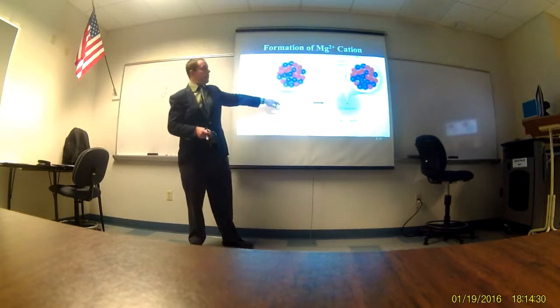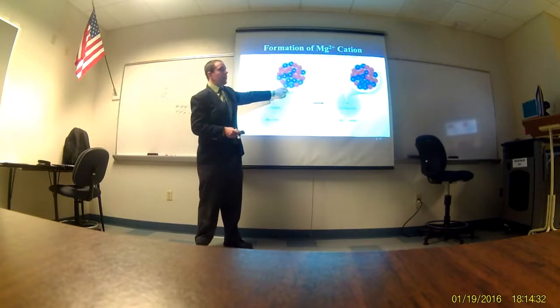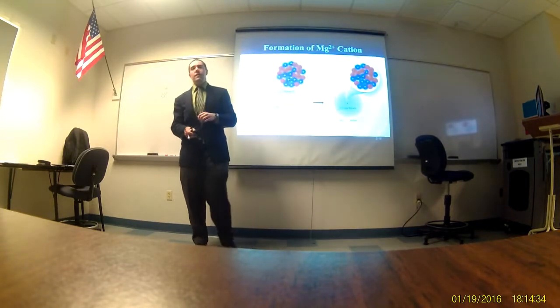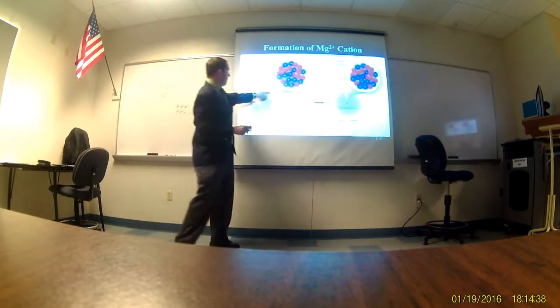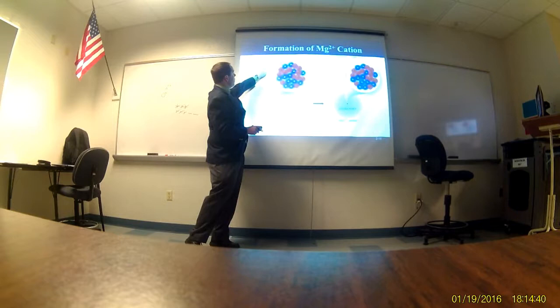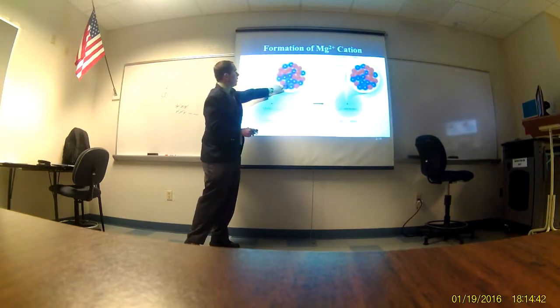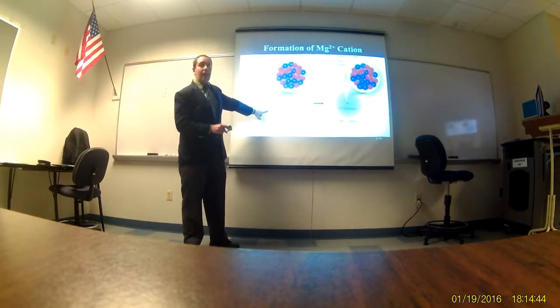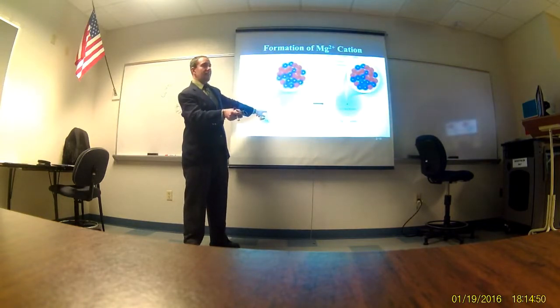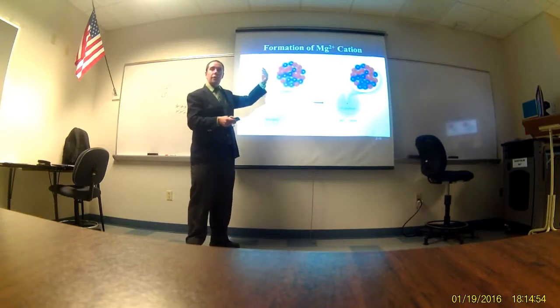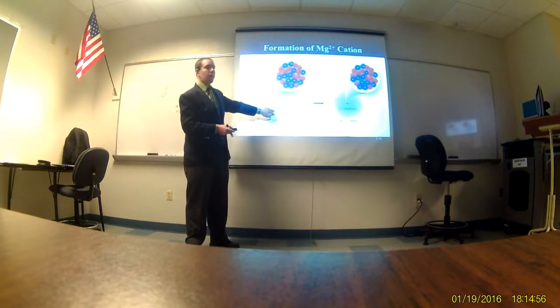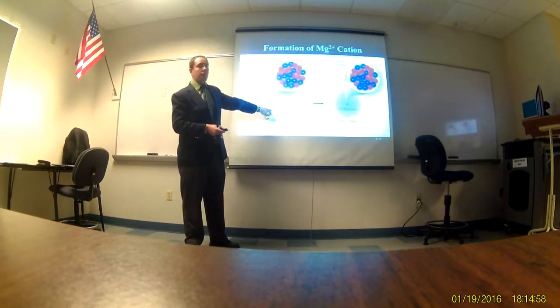If you added everything up in here, there's going to be the same number of protons as there are electrons. In this case, there are 12 neutrons also. But in the neutral atom, there are 12 electrons. Magnesium is here, it's number 12, so there are 12 protons. If it's neutral, there has to be 12 electrons also.